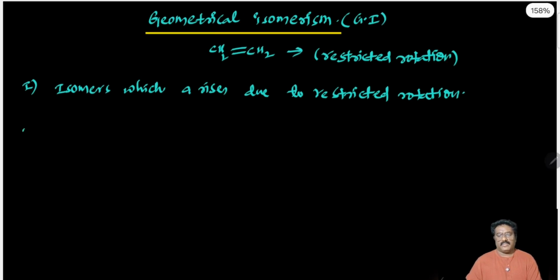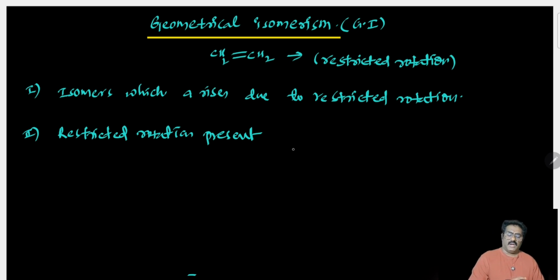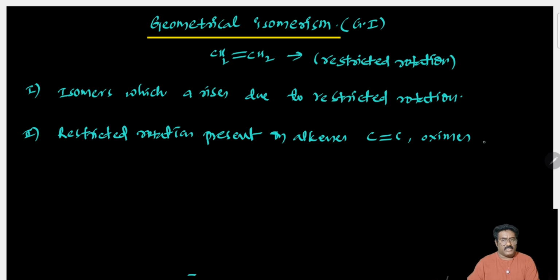Now the second point: where is restricted rotation present? Restricted rotation is present in alkenes like the carbon-carbon double bond, and in oximes, where carbon is double bonded with nitrogen.